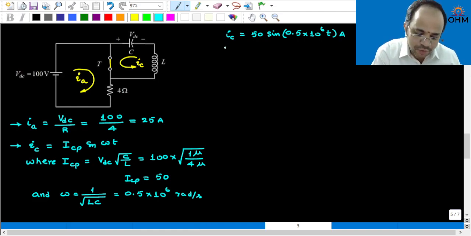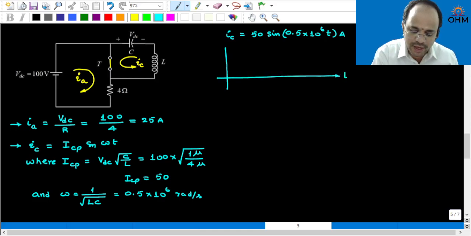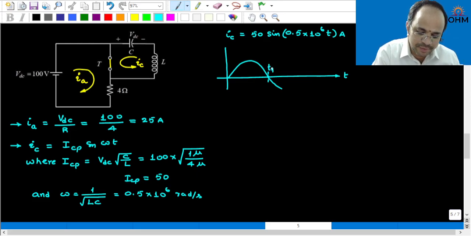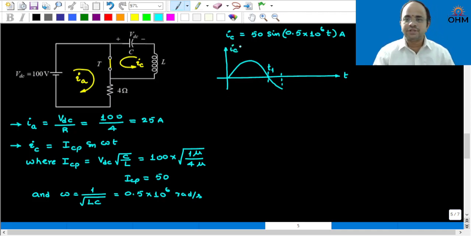Now, if you look at this capacitor current waveform, it is a sinusoidal component. Let us say this time is t1. After t1, the capacitor current will try to reverse due to the sinusoidal property.